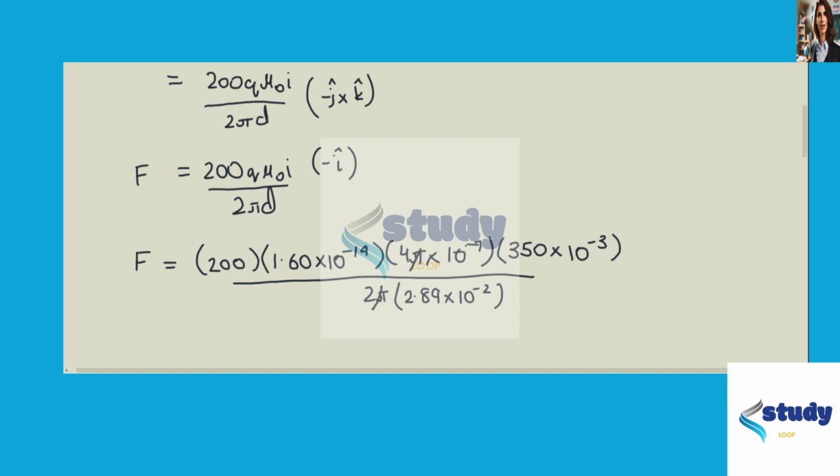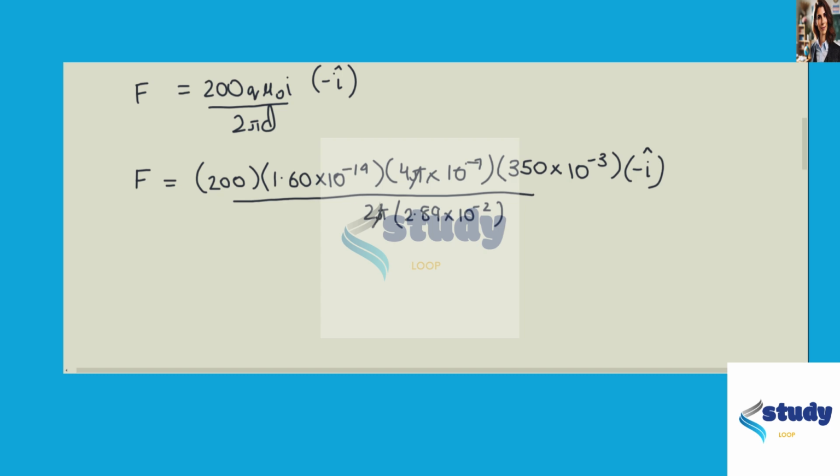And from here, let's just cancel out the pi's, and we can use a calculator to evaluate this expression times negative i hat.